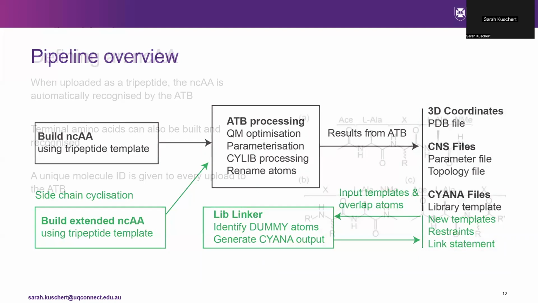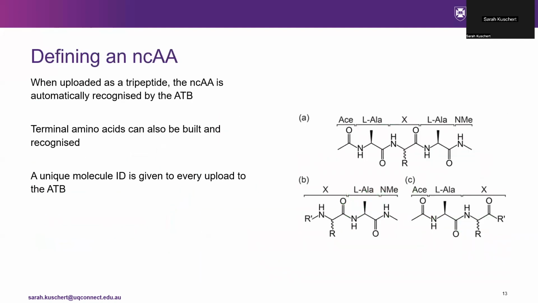So firstly, in that upload, you need to provide your NCAA in a tripeptide form. So it's produced with, I hope you can see my mouse, an ACE cap, an alanine cap. Then you build your amino acid however you want in the middle, another alanine, and then an N-methyl group to finish.